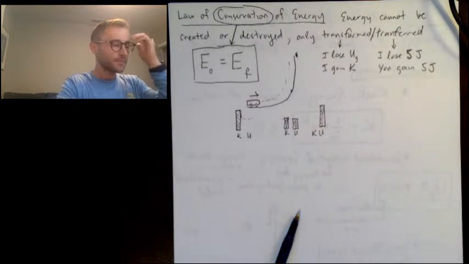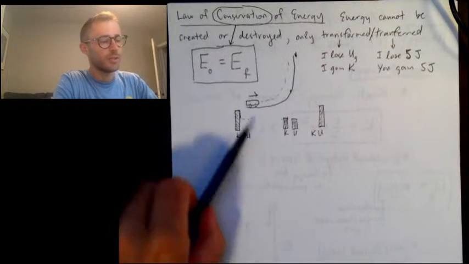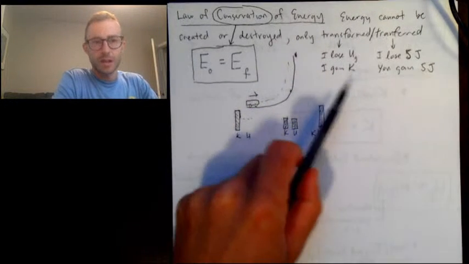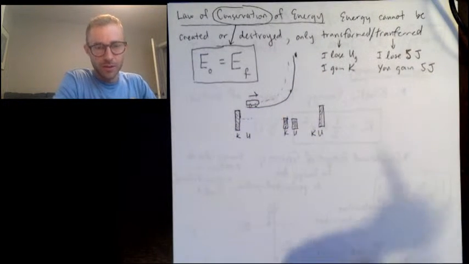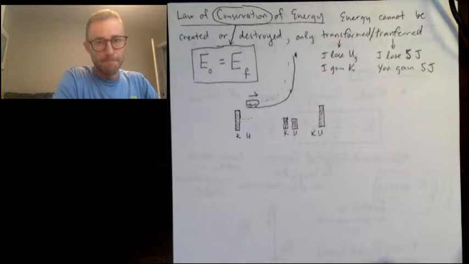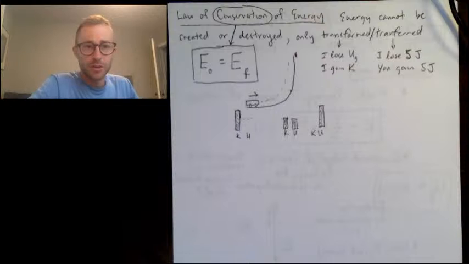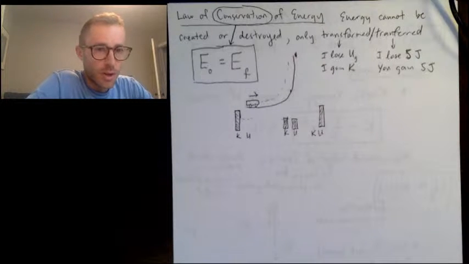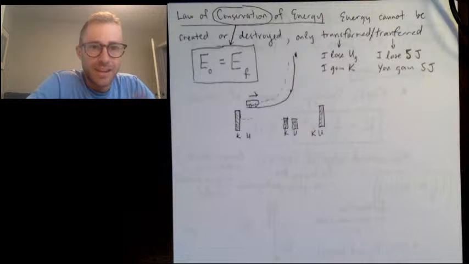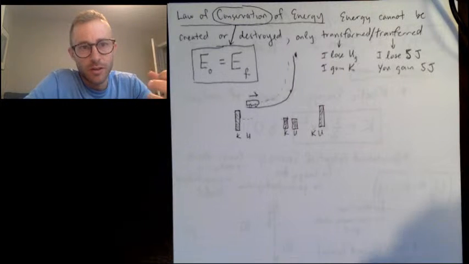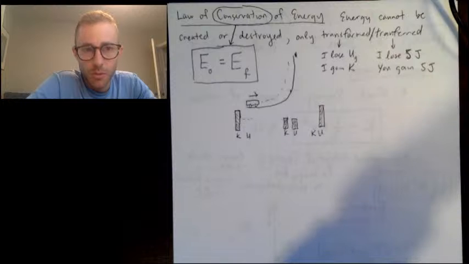All right? So this would be an example where you are losing kinetic energy and gaining gravitational potential energy. Okay? Let me give you some other examples of transformations of energy. If you burn gasoline, you are taking the chemical potential energy stored in that gasoline and you are releasing it and turning it into thermal energy, into heat.